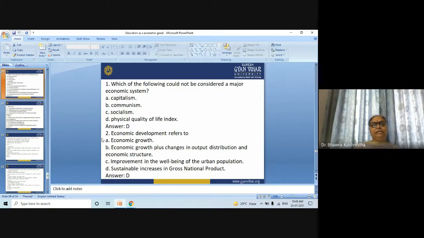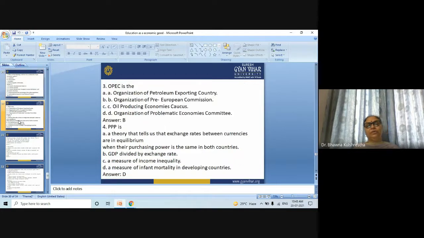And the next question is, OPEC is the organization of petroleum exporting countries, organization of pre-European Commission, oil producing economies, or organization of problematic economies committee.